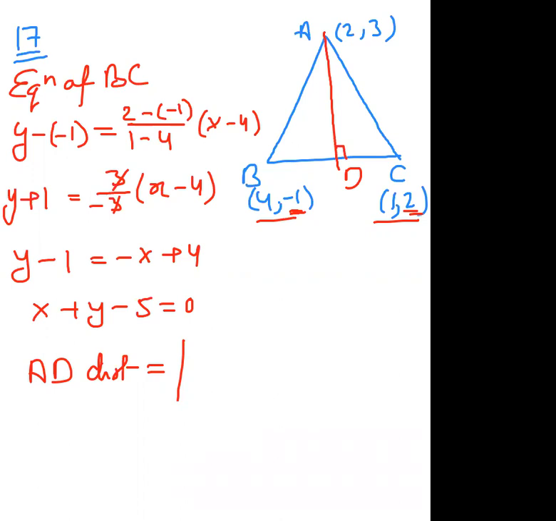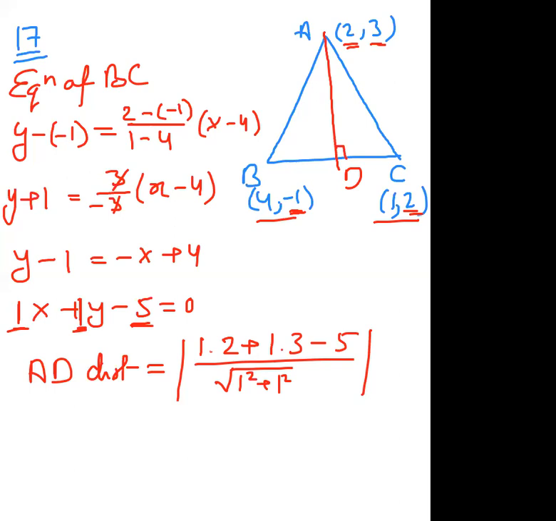So a is the coefficient of x, that is 1. x1 is the point from which we are calculating the distance, plus b the coefficient of y, that is also 1, into y1, that is 3, plus c, that is minus 5, upon square root of 1 square plus 1 square, a square plus b square. With this we are able to calculate the distance AD.